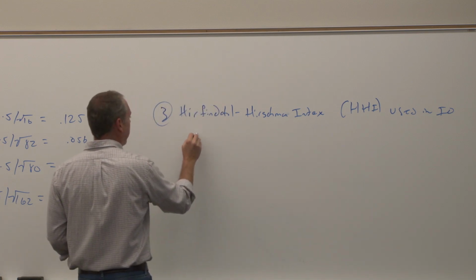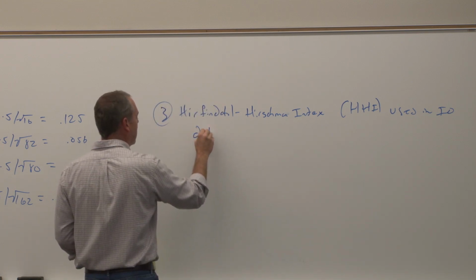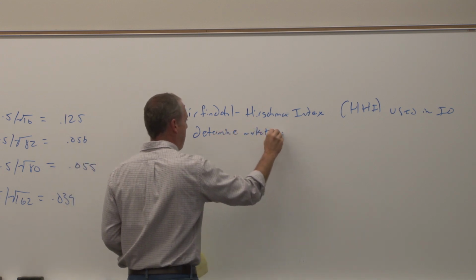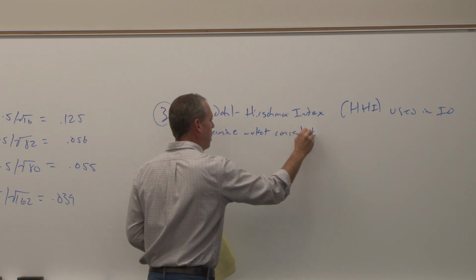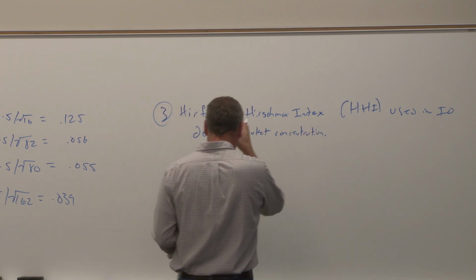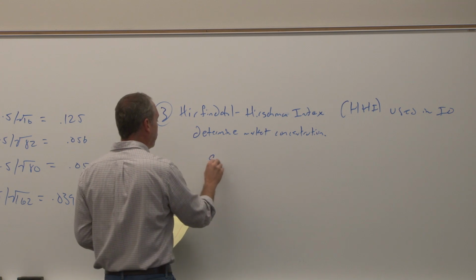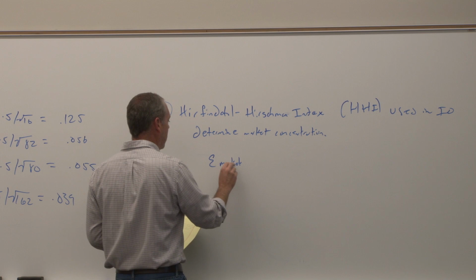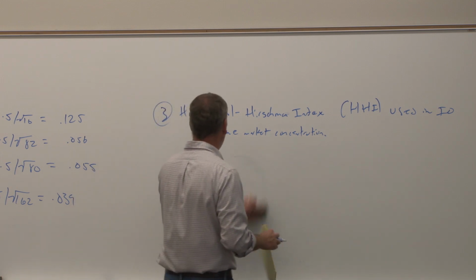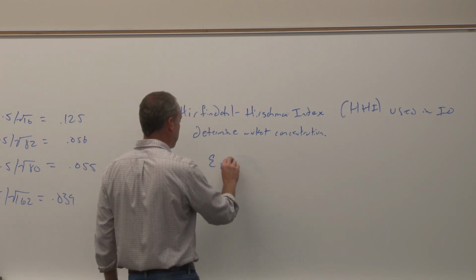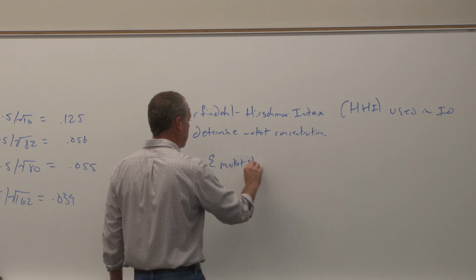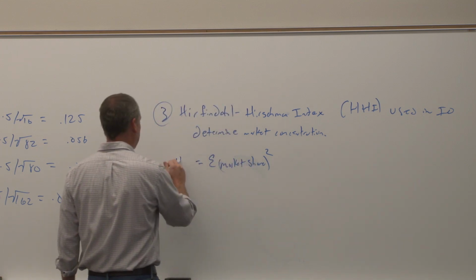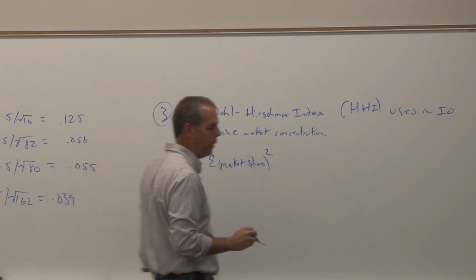It's used to determine the concentration. So this guy is the summation, basically, of market share squared. This is the HHI, right?